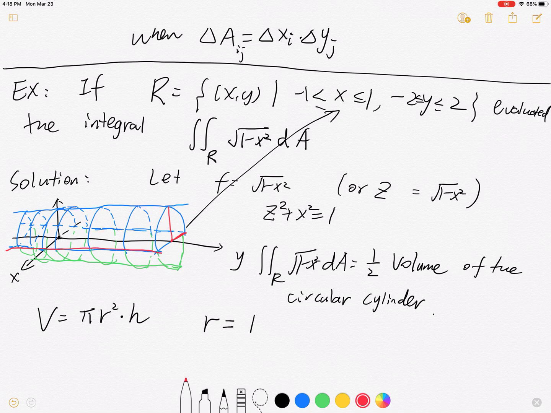So h is 2 minus -2, which is 4. So here you have 2, here you have -2, here -1.